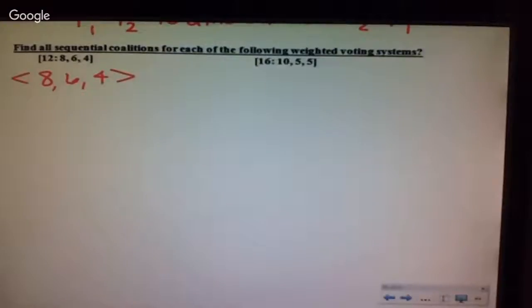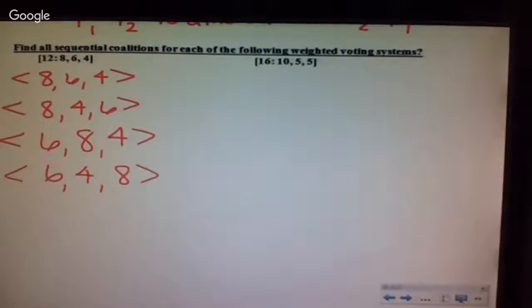How else can I write that with 8 first? 8, 4, 6. Is there any way to write that with 8 first again? No. So now I put 6 first: 6, 8, 4, and 6, 4, 8.